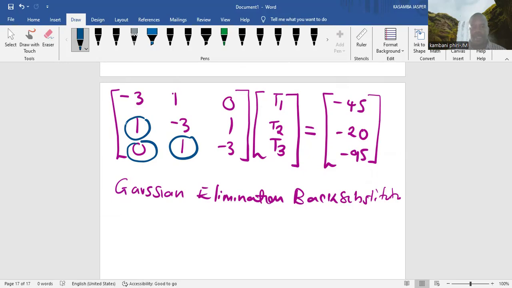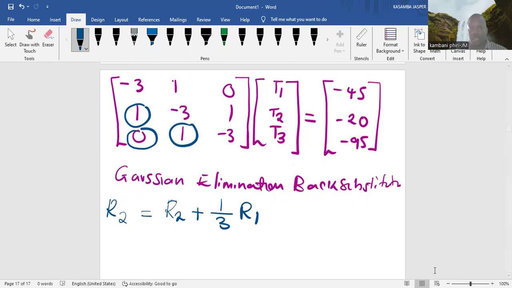So it simply means I can say row 2 is equal to row 2 plus 1 over 3 row 1. And what does this give us? Row 1 will not be affected: negative 3, 1, 0 here.